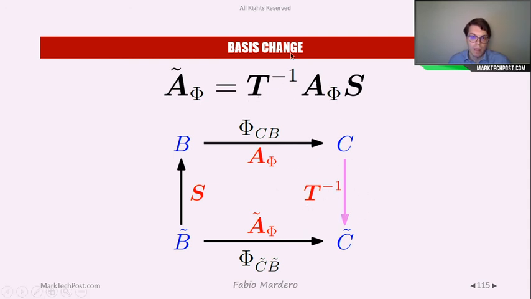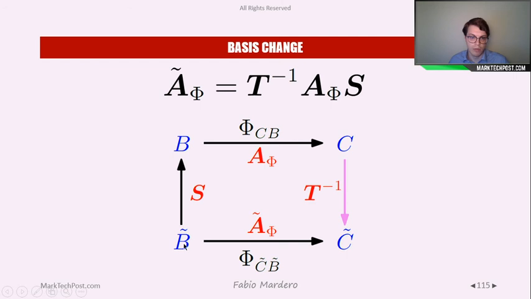Here, taking the inverse matrix of T means that we reverse this arrow. So what we are doing is saying that A tilde is from B tilde to C tilde. Okay, nice. The path has only one arrow. But the long way means that, remember, we have to read this equation from right to left.